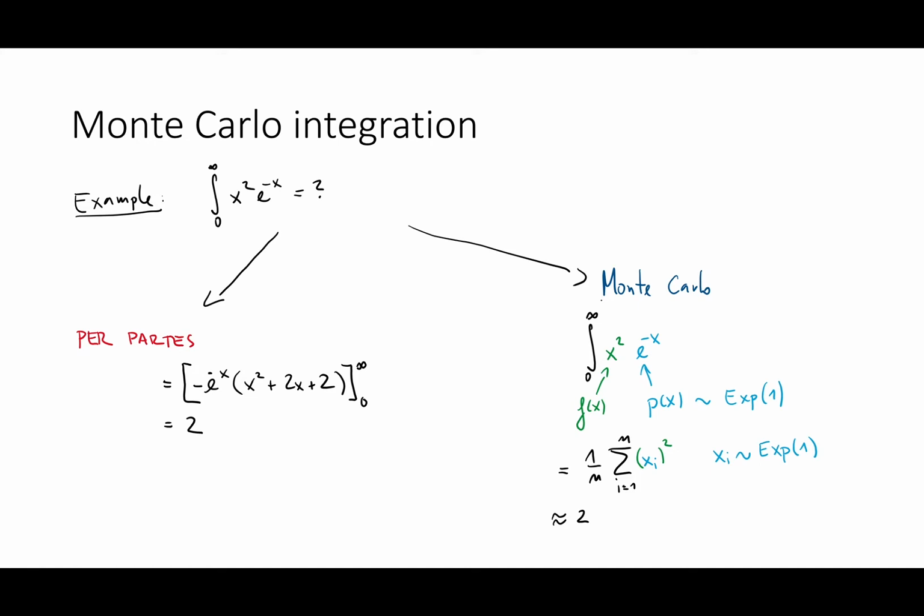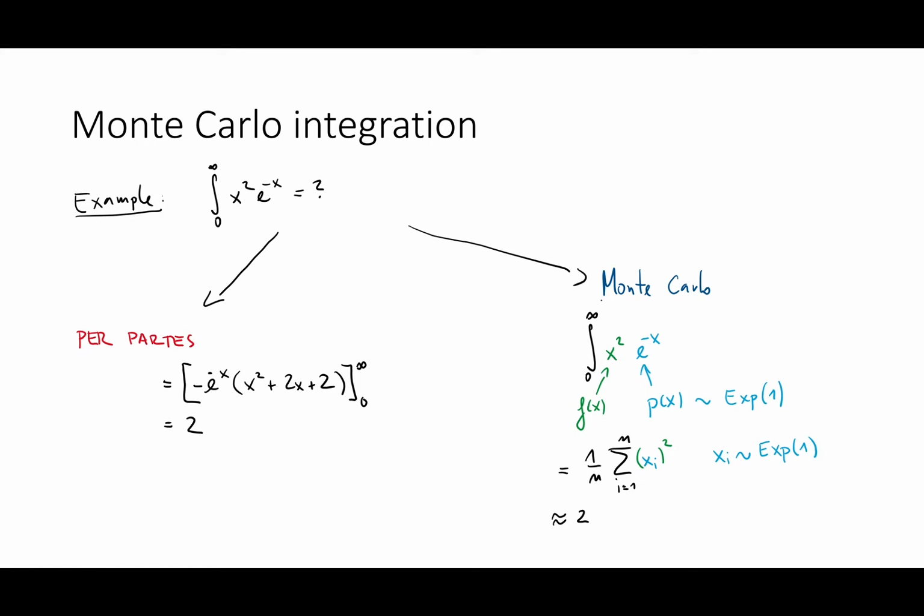p of x. And if you recall from probability lessons, p of x, e to the power of minus x, is the exact definition of the exponential distribution with lambda equals 1, or whatever the Greek letter for the parameter is.